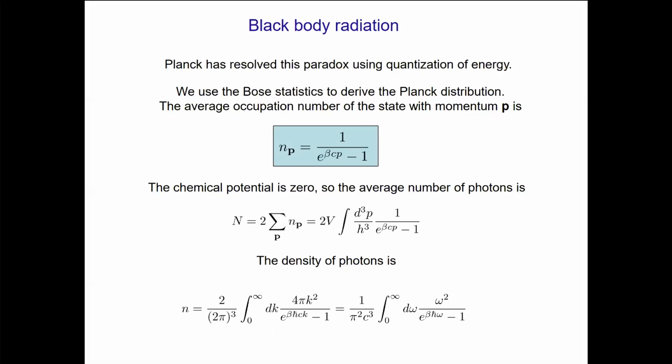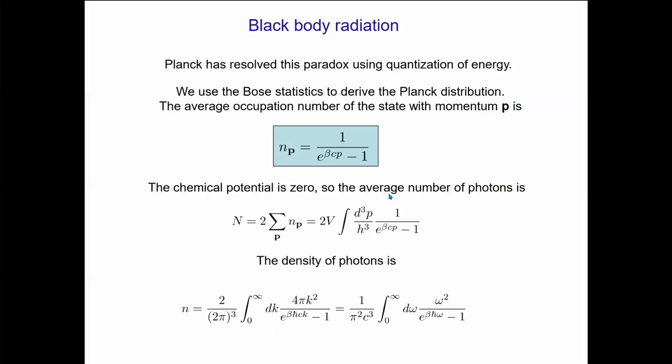As we know, the average occupation number of the state with momentum p will be given by this formula for bosons, with -1 instead of +1. Because photons are relativistic, the energy is proportional to the momentum, so it has a linear dependence on the momentum. The chemical potential is 0 for photons.